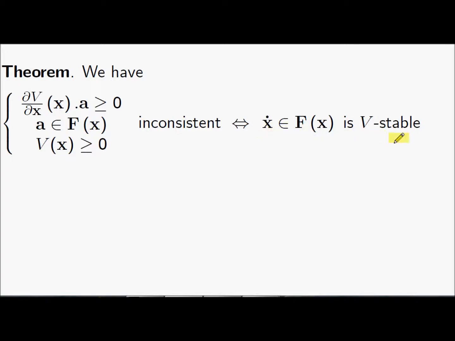So proving that the differential inclusion is V-stable amounts to solving that a set of inequalities has no solution, or equivalently, proving that a nonlinear function is always positive. And for this, interval analysis can solve the problem.